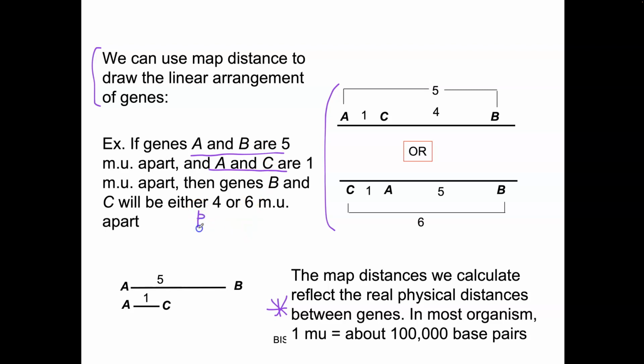You would figure out the distance between genes B and C and find out if it was 4 map units or 6 map units, and that would allow you to determine the order. When we say linkage arrangement, we're talking about the order of the genes along the chromosome and then the distances between them.